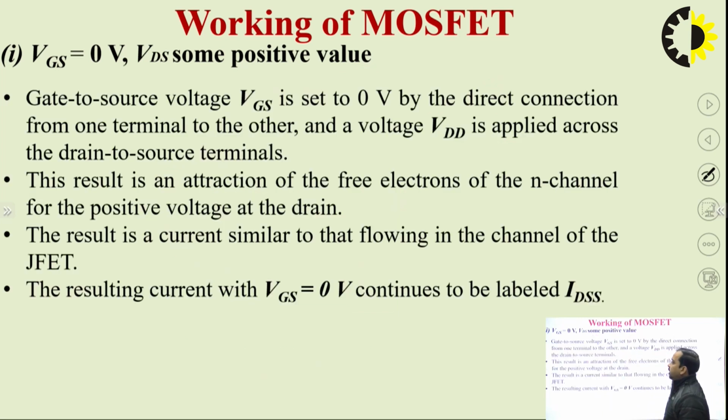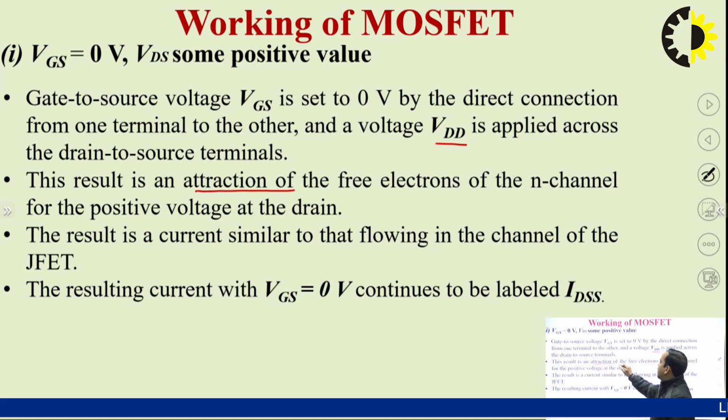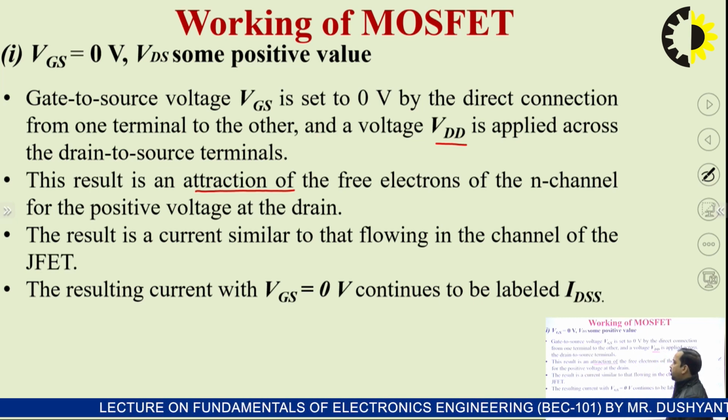Here the gate to source voltage is 0 by direct connection from one terminal to the other, meaning we are shorting the gate and source terminals, and VDD is applied, or we can say we are applying drain to source voltage. As a result, more electrons are attracted towards the drain side from the channel.